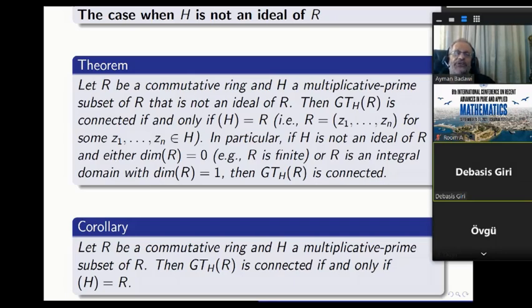In the previous section, I was talking about this graph where my vertices were all the elements of R except H. But if H is not an ideal, then I can include H as part of my vertices. So if H is not an ideal, the set of all vertices will be R.